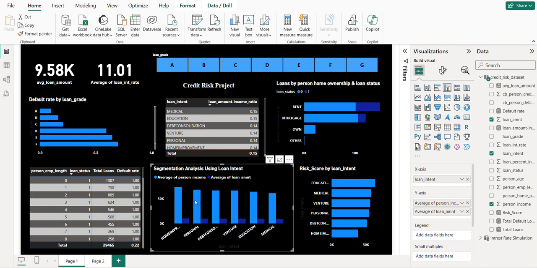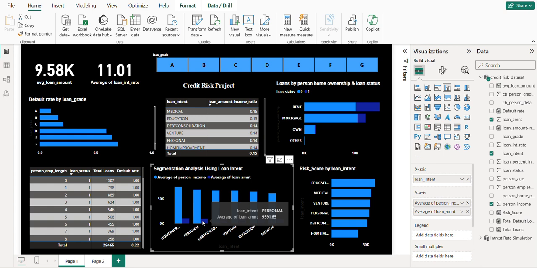Okay, so here in home improvement, the average income of the person is almost 73,000 and their average loan amount is almost 10,000, whereas in personal loans the person's income is 67,000 and the average loan amount is about 9.5k. This indicates that home improvement borrowers have higher incomes and take larger loan amounts than personal loan borrowers.